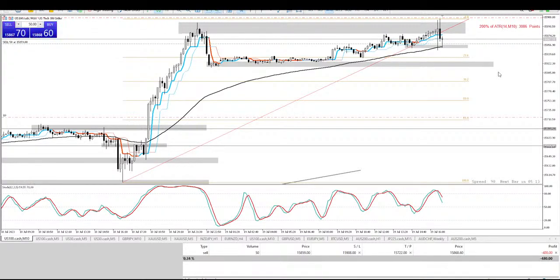Oh, okay. And what's your allowed drawdown? What's your daily DD and total DD? Are you down today at all? How much are you down today? Fortune Funding.